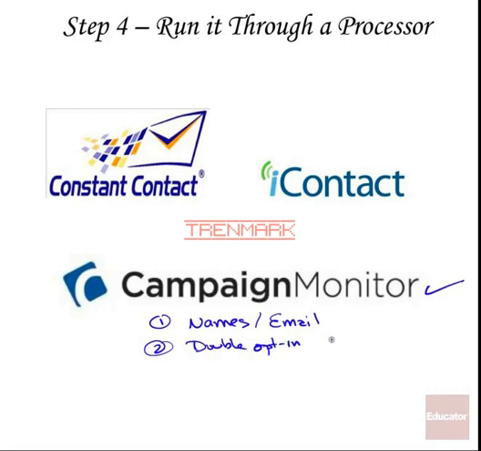I know I'm throwing a lot of terms at you. Confirmation email, that makes sure that they are indeed the ones who put their name and email information into your website.